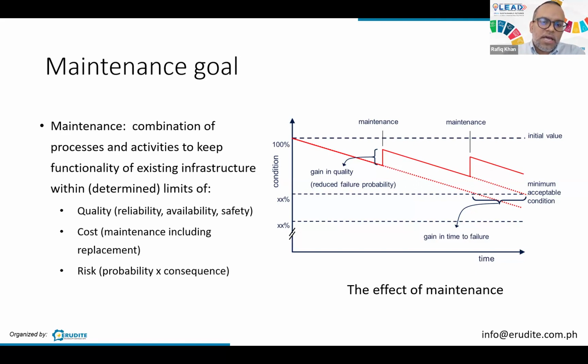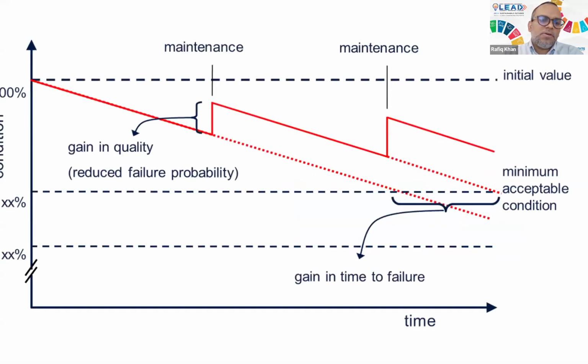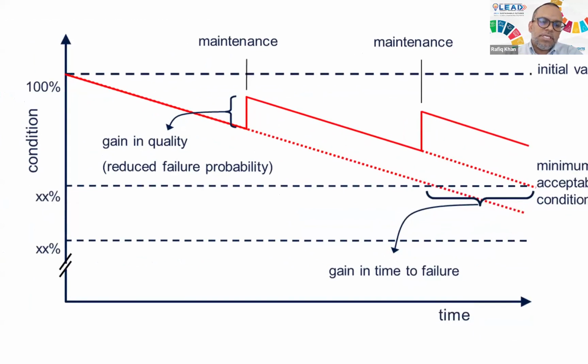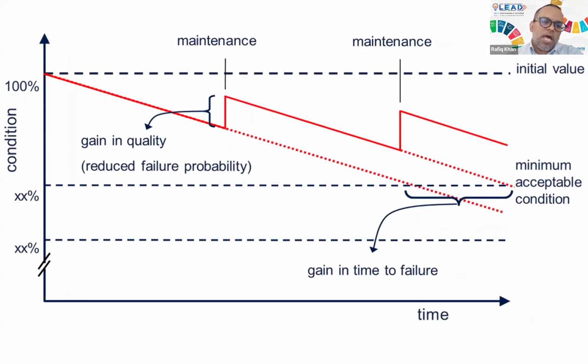If you look at the graph on the right, this is a nice graph for the effect of doing maintenance. Over time, you want to look at the degradation or condition. I will give you an example of a solar panel.